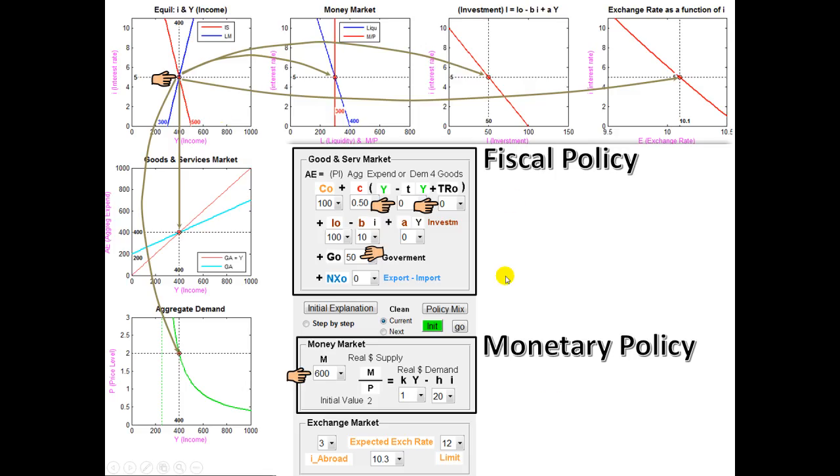So I am not going to try to convince you that these policies are good or bad. Rather, I will show you in which situation they might be good or bad. But not so fast. In this video we are going to see only this curve. So let's get started.